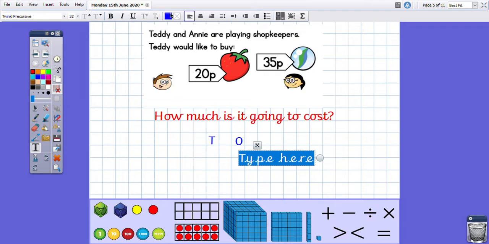So let's change the colour so it makes it easier for you to see. In this column you're going to have a 5, and then in the tens column I've got a 2 and a 3, and I know that 2 and 3 make 5. So it is going to cost them 55p.